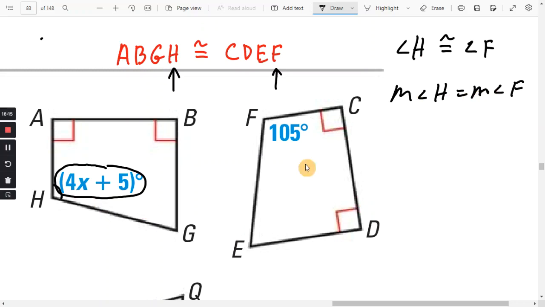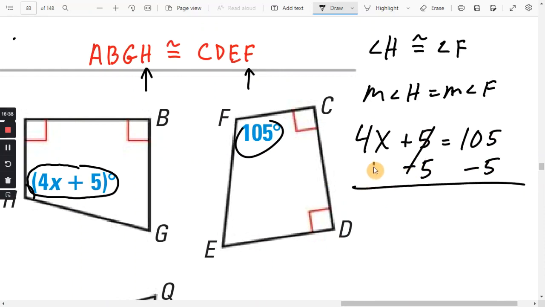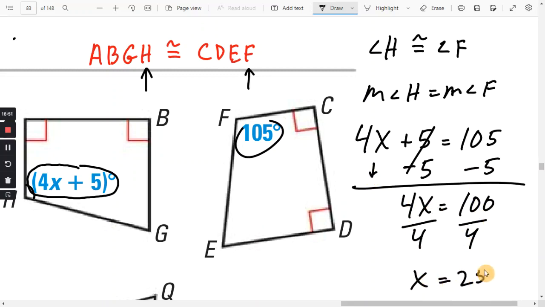The measure of angle H is 4X plus 5, and the measure of angle F is 105. The opposite of plus 5 is minus 5 on both sides. 5 minus 5 is gone. Bring down your 4X. 105 minus 5 is 100. And dividing both sides by 4, 100 over 4 is 25.